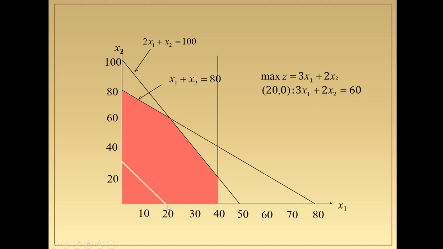Baru dia very clear lah, nampak dia dekat sini. And make sure the objective line must touch the feasible region, means at least a part or all of the objective line must touch the feasible region. Macam ni saya lukis, objective line dia touch the feasible region.